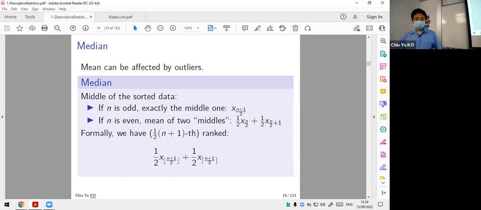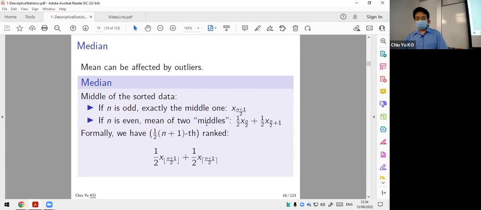And the next is the median. The median is exactly the middle guy, and this middle guy exists explicitly when the number of observations is odd, because that's an exact middle. If not, it would be just the average of 2.